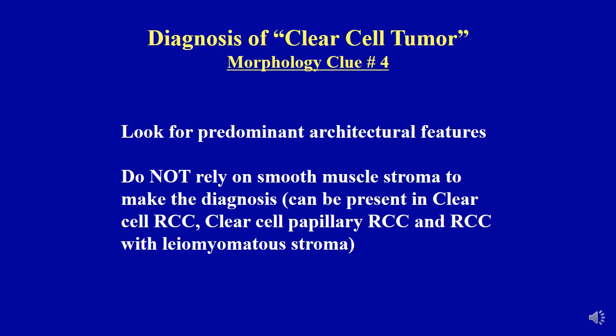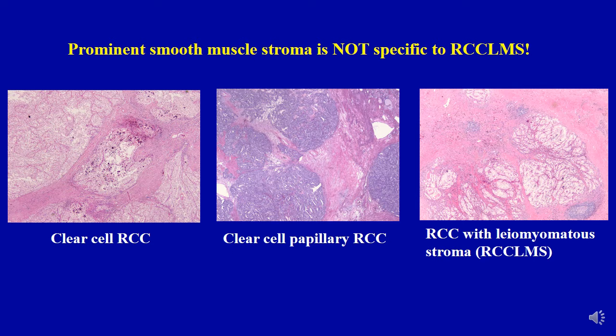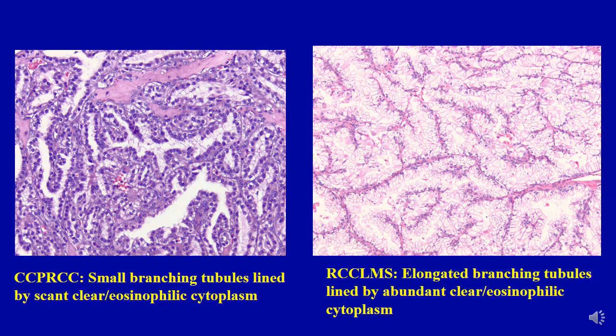So another important clue to remember is that we are going to pay attention to the architectural features, and we are not going to rely on the smooth muscle stroma to make the diagnosis. And here are these 3 examples side by side, and you can see that in all of these 3 entities there is a relatively prominent smooth muscle stroma that you can appreciate within these tumors.